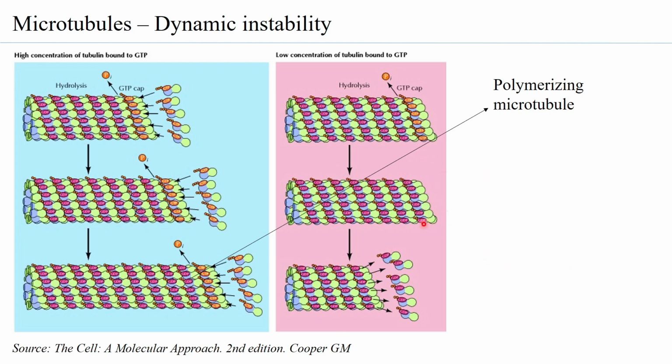And that energy that has been released will be sufficient to destabilize the interaction between these existing heterodimers, you see. So what is going to happen, therefore? You will have these heterodimers being released. So effectively what we understand is that it is at the plus end that the depolymerizing is also happening.